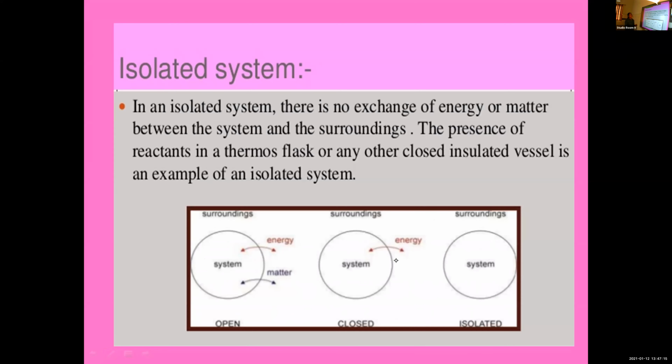Next, the isolated system. In an ideal world we always think about the isolated system, but it is not practicable. An isolated system has no exchange of energy or matter between the system and the surroundings.